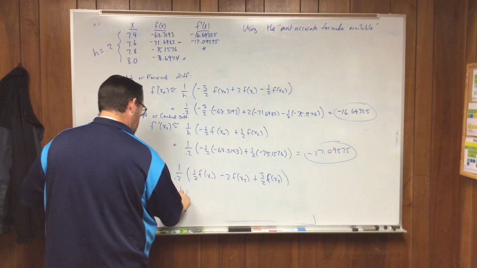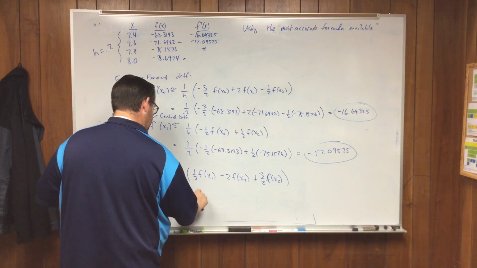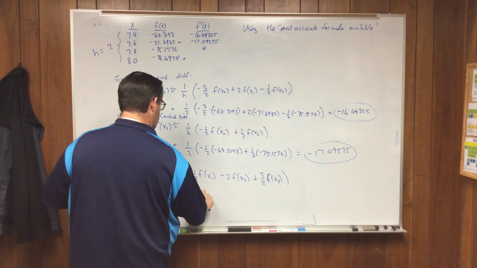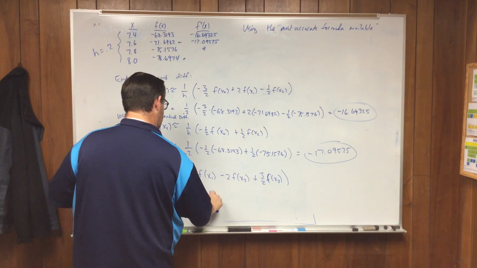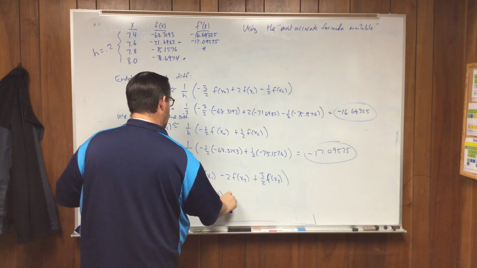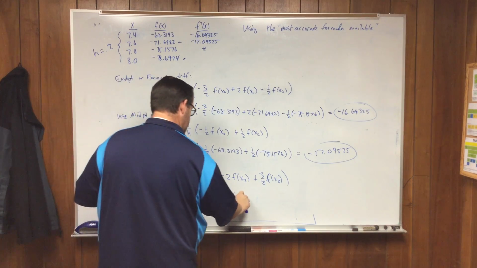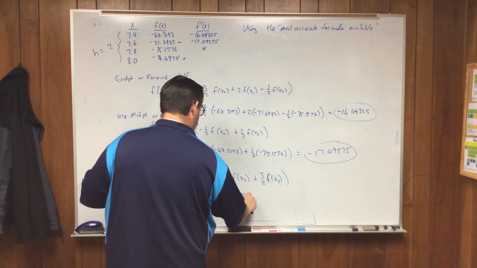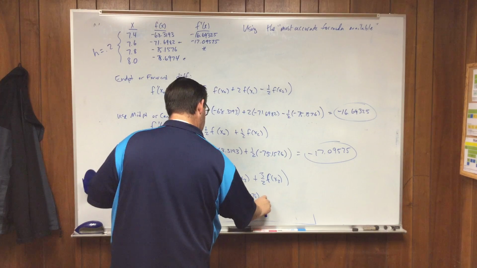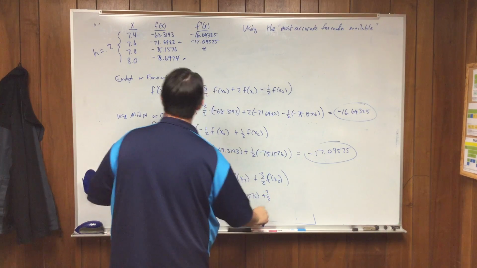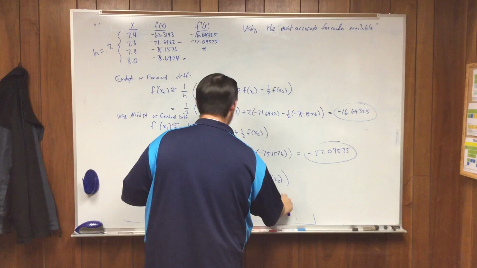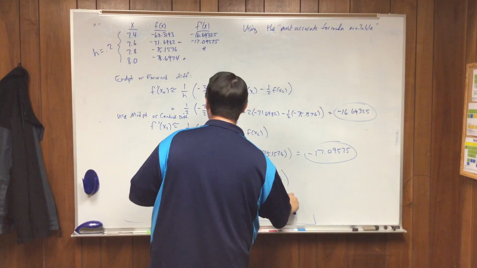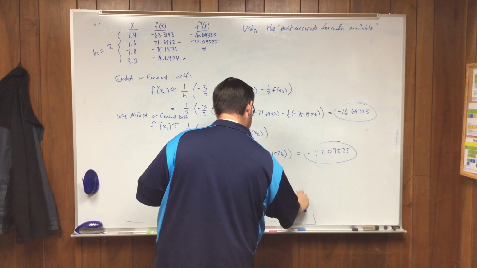Okay? So 1 over 0.2 times 1/2 times negative 71.6982 minus 2 times negative 75.1576 plus 3/2 times negative 78.6974.